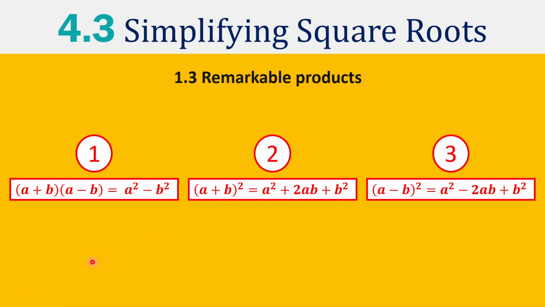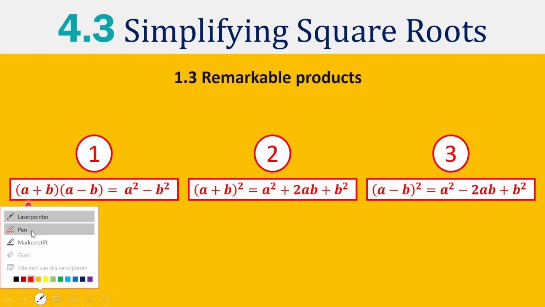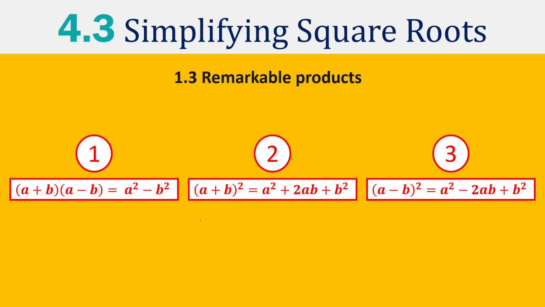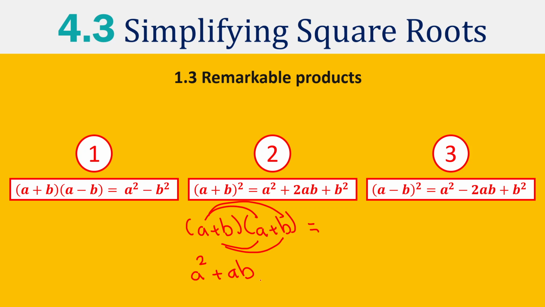I can rewrite it like this if I want to, and then use the parrot speak method. It gives me the same results, only with a few more intermediate steps, because a times a is a squared, a times b is plus ab, b times a is plus ab, and b times b is b squared.